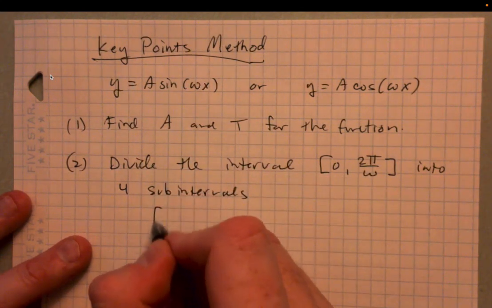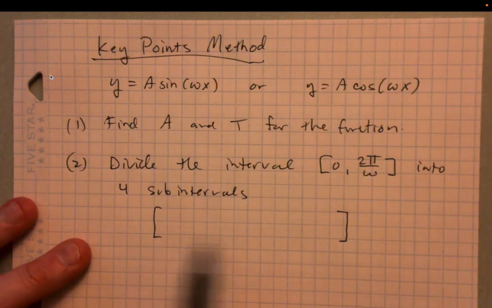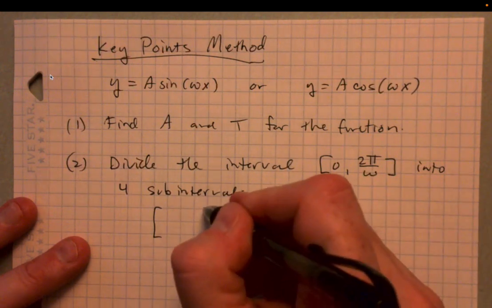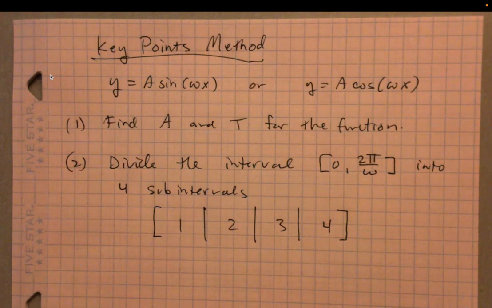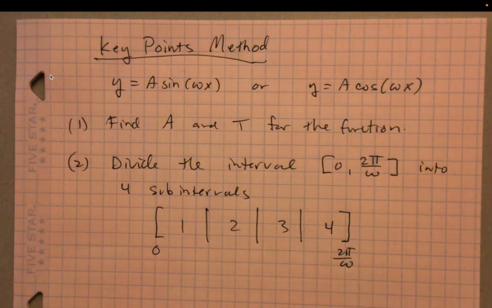So this is my 0 up to 2 pi over omega. I need to break it in half, and then I need to break it into fourths. So I've got 1, 2, 3, 4.